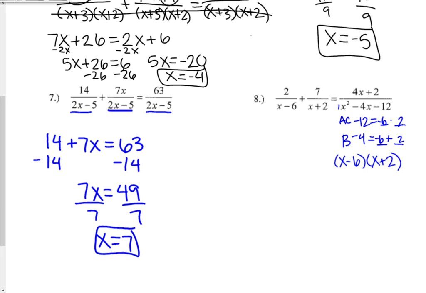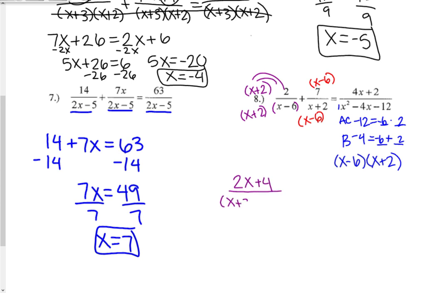My first fraction has the factor of x minus 6, but it's missing x plus 2, so I'll multiply the top and the bottom by x plus 2. My second fraction has the x plus 2, but it's missing the x minus 6. So for the first fraction, I'm going to distribute 2 to everything up top. So I have 2x plus 4 over x plus 2, x minus 6.